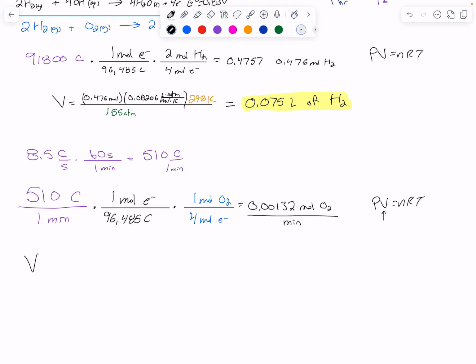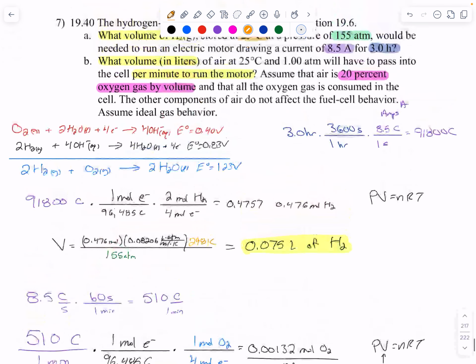So the volume equals n, 0.00132 moles of O2 per minute, times 0.08206 liters atmospheres per mole Kelvin, times 298 K, and the pressure is one atmosphere.